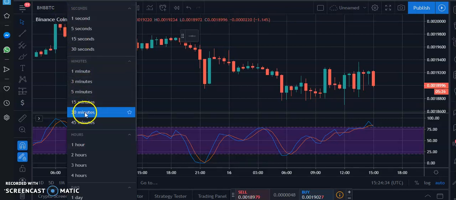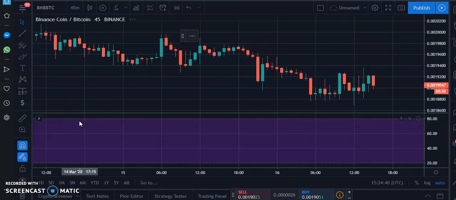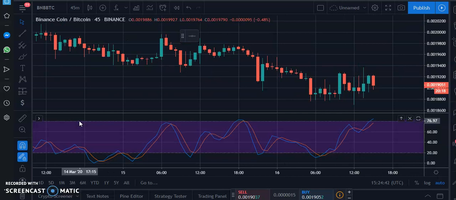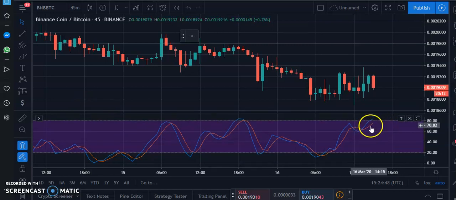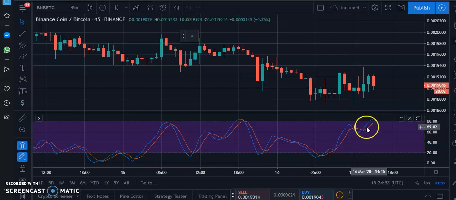You can check the market under 45 minutes to see how far. Okay, waiting for the 45 minutes candle to load. Alright, the same thing is also playing out here: using the 45 minutes time frame, the market is still at the overbought region.